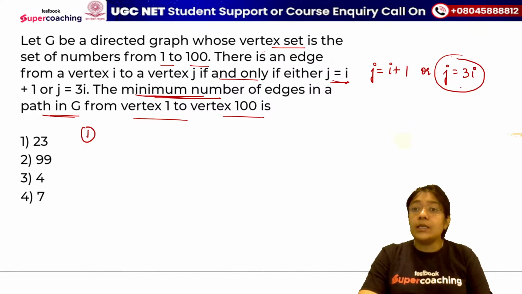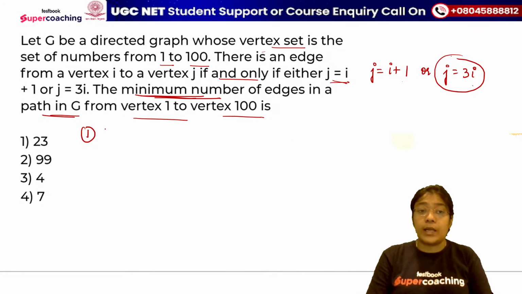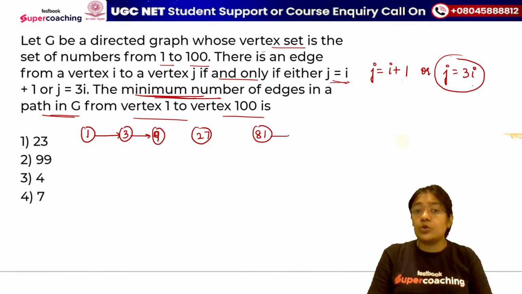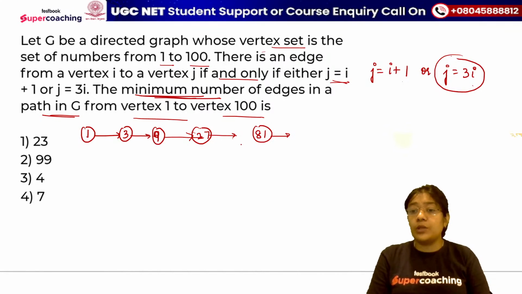Now the thing is, अगर आपके पास multiple of 3 में नहीं है तो आपको वहां पे +1 करना पड़ेगा. 1 से आप यहाँ पे 3 पे जाओगे, then 3 to 9, 3 into 3, then 9 into 3 is 27, then going to the next one 81. आगे नहीं जा सकते, so you have to go linearly. आपने minimum number of edges के लिए multiply by 3 किया, but is it working with 3?